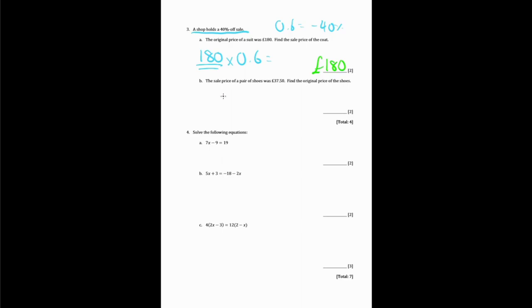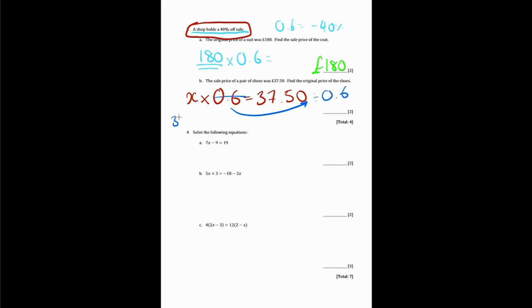Let's start with percentages. The sale price of a pair of shoes was £37.50. Find the original price. We can see here a shop holds a sale of 40%. So this means x times 0.6 equals 37.50. Then we move 0.6 to this side to make it divide by 0.6.